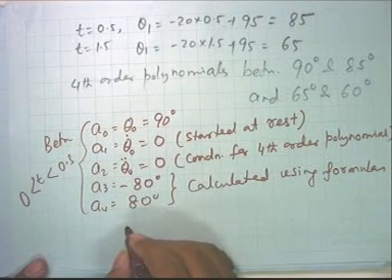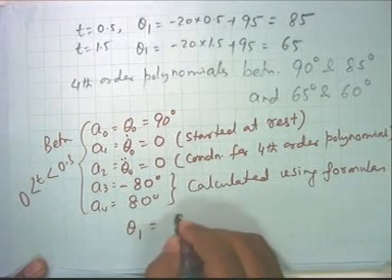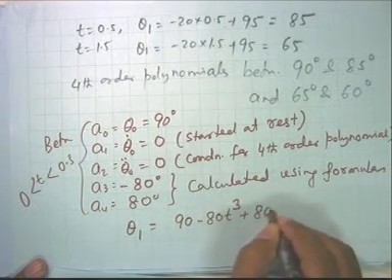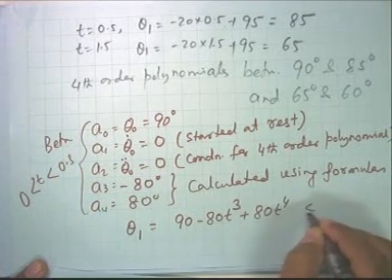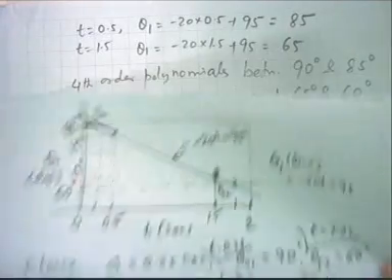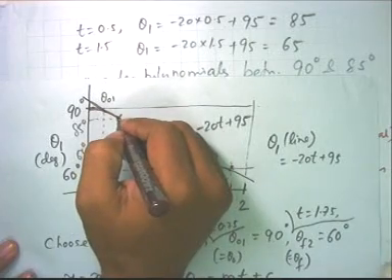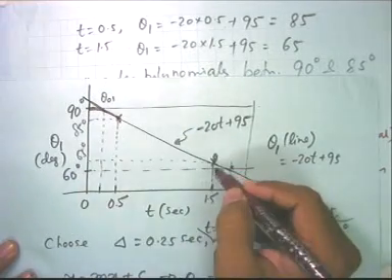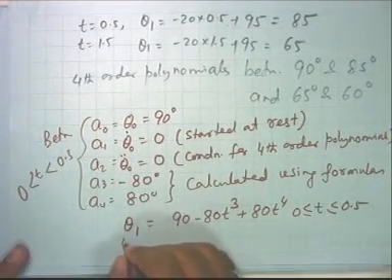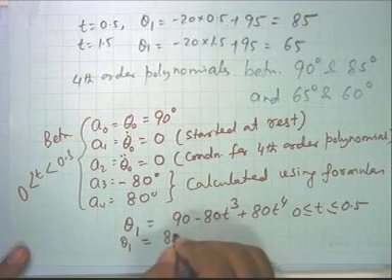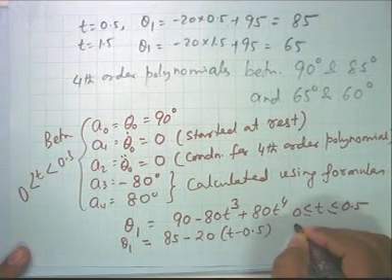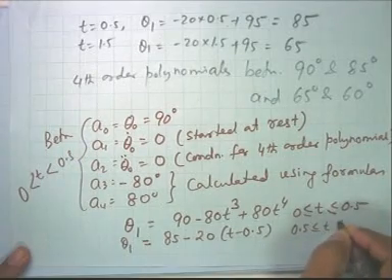In other words, if I write the polynomial, theta 1 is 90 minus 80 t cube plus 80 t to the power 4, where t goes from 0 to 0.5. Between this and this it is a polynomial, between this and this it is a straight line.